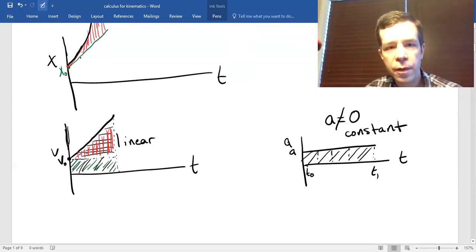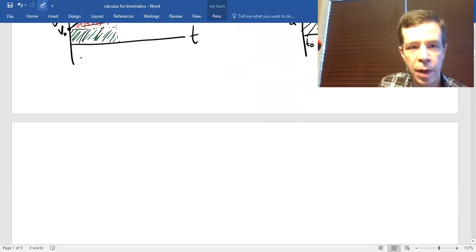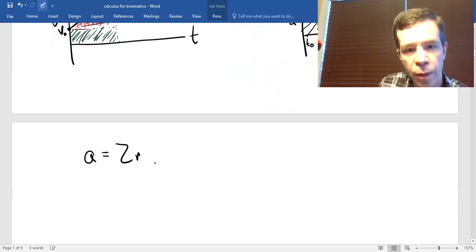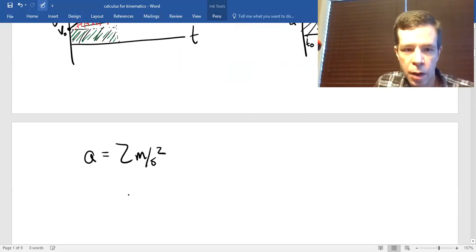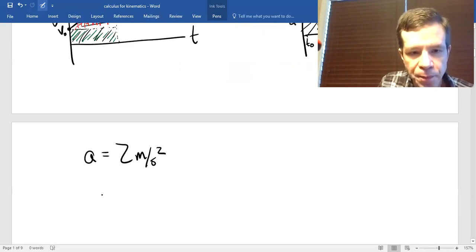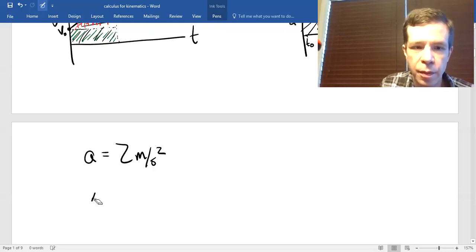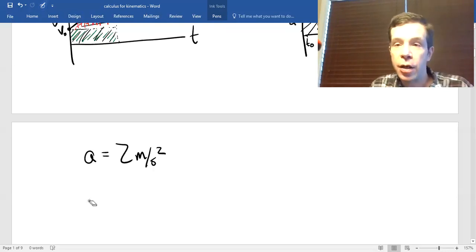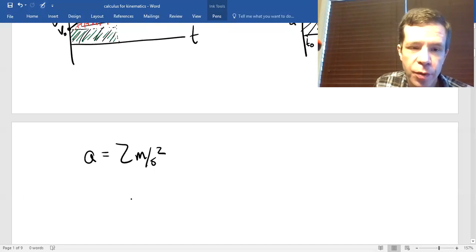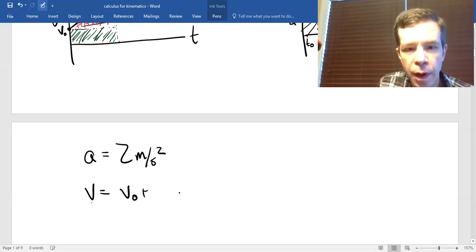All right, let's look at this mathematically. Let's assume that we have an acceleration of 2 meters per second squared. When we integrate that over some time, I guess that we'll do it in general. We went through this before, so I'm going to go through it quickly. We get that v is v0 plus at.